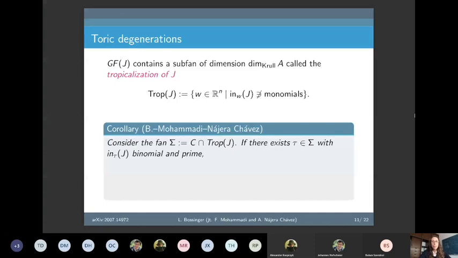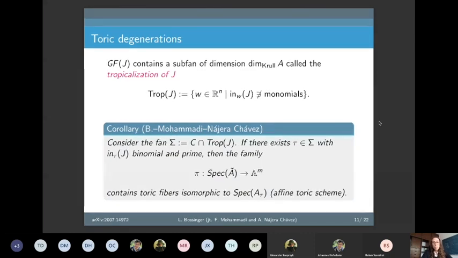And if I now find some cone tau in this fan sigma whose associated initial ideal is binomial and prime, then the family defined by A tilde contains a toric fiber isomorphic to the spectrum of A tau.